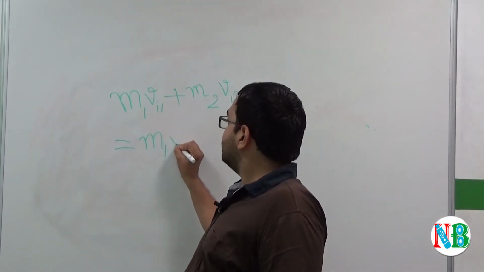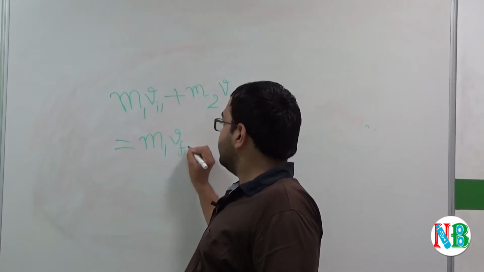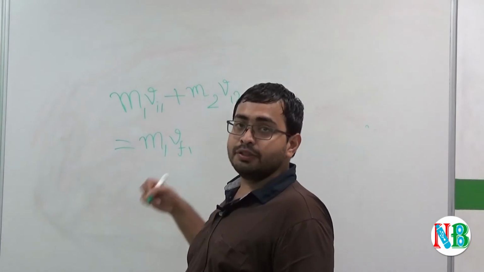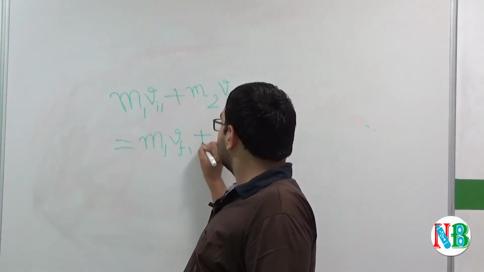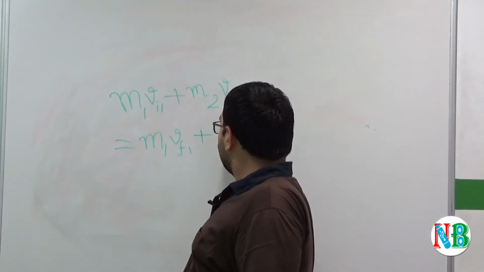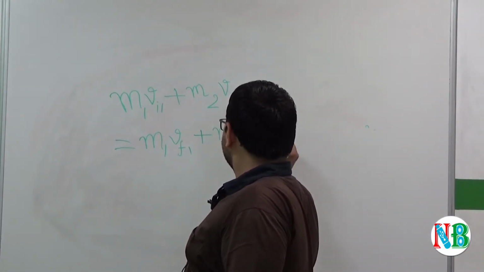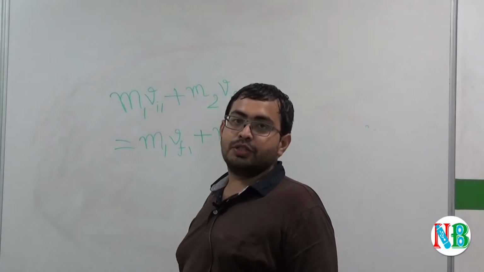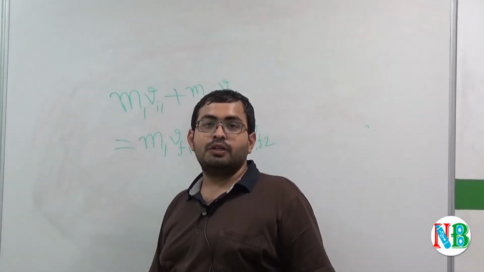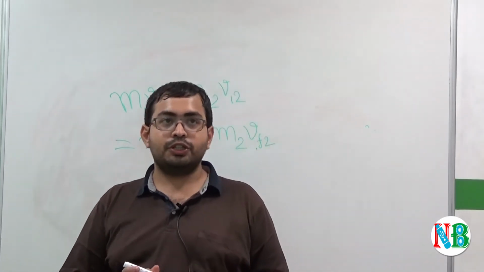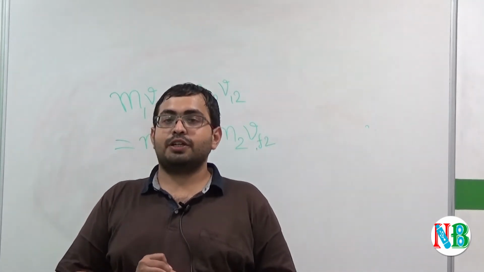m1 vf1, the final velocity of the first body, plus m2 vf2, the final velocity of the second body. This equation is valid for any one dimensional collision irrespective of its nature.